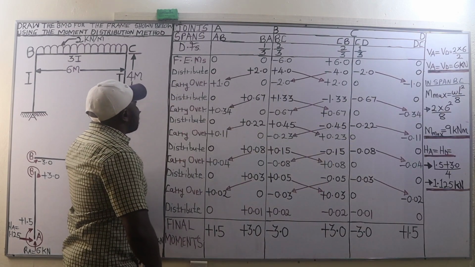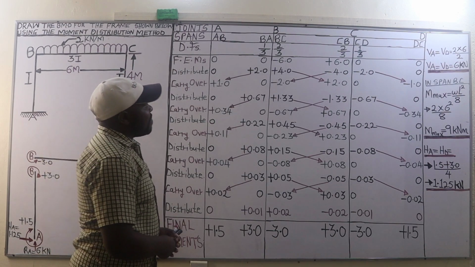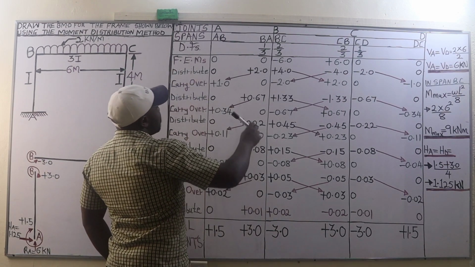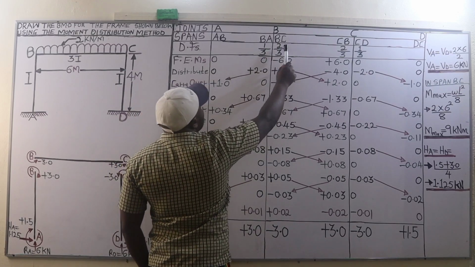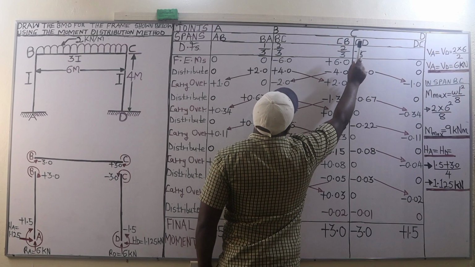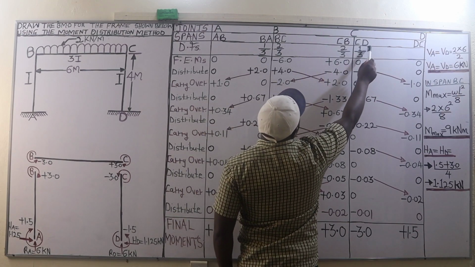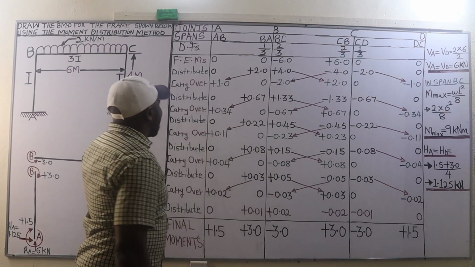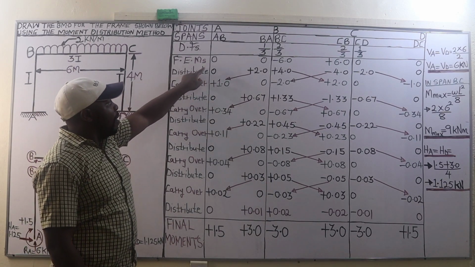Then below the spans we got the distribution factors, and we have calculated them: the distribution factor for member BA is a third, that for member BC is 2/3. On joint C, the distribution factor for member CB is 2/3, CD a third. Then below the distribution factors, here come the fixed end moments.